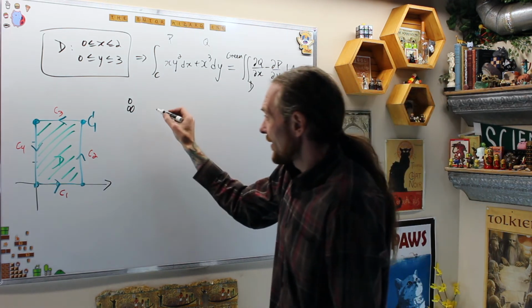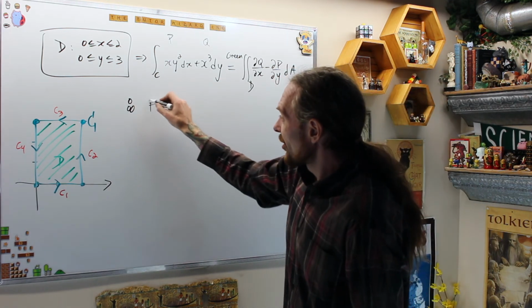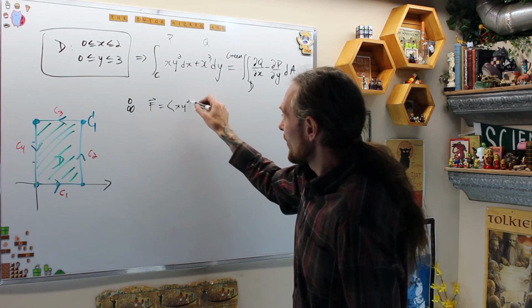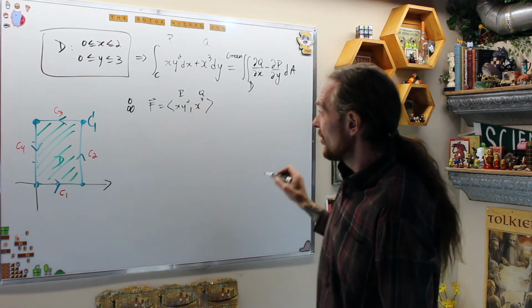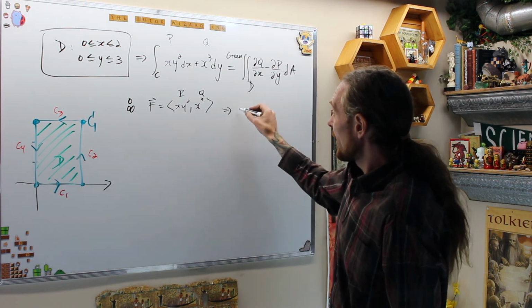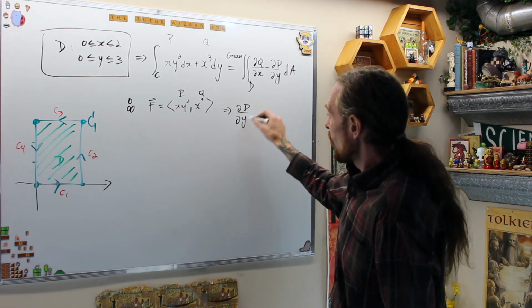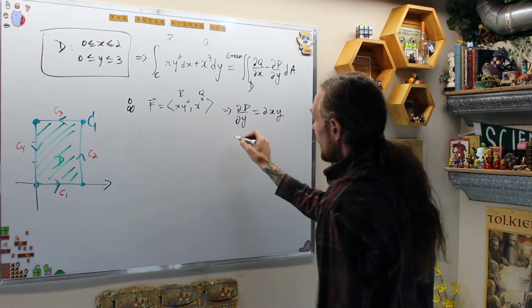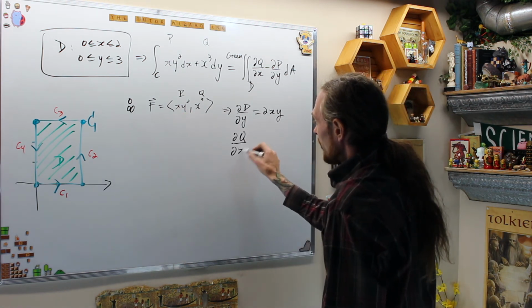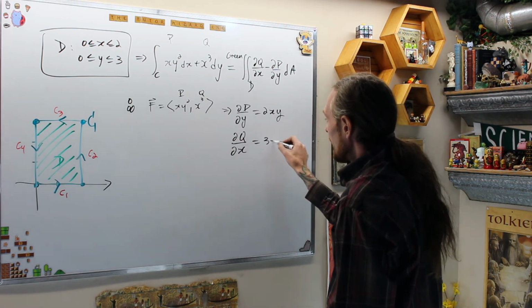What do I need? My function f is xy squared, x cubed. That makes this p and this q. So the partial of p with respect to y is going to be 2xy, and the partial of q with respect to x is going to be 3x squared.